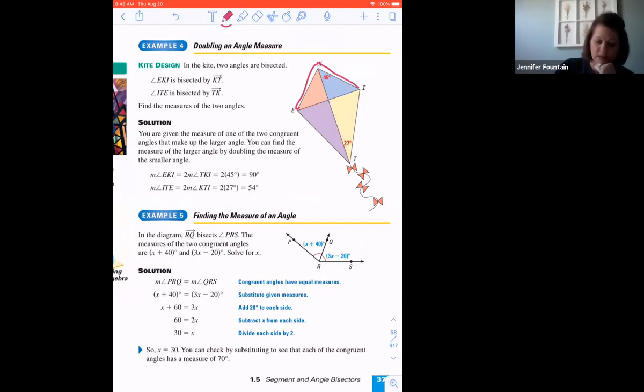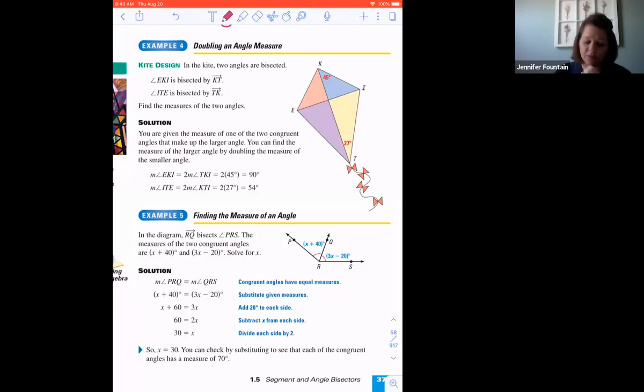Now we have ITE, which is right here, which is bisected by TK. So we've got 2 angles bisected. Now notice that we have KT and TK. They're both describing the same ray, but on KT, my endpoint is K. On TK, my endpoint is T.